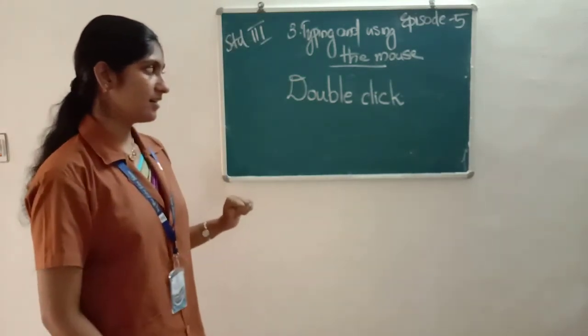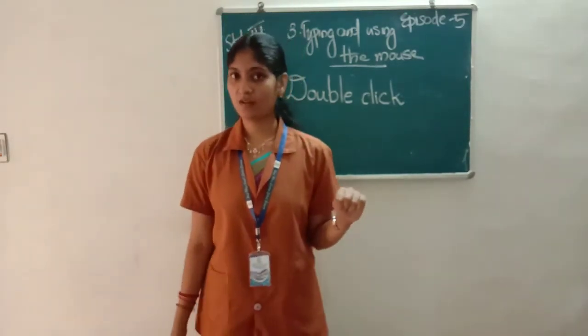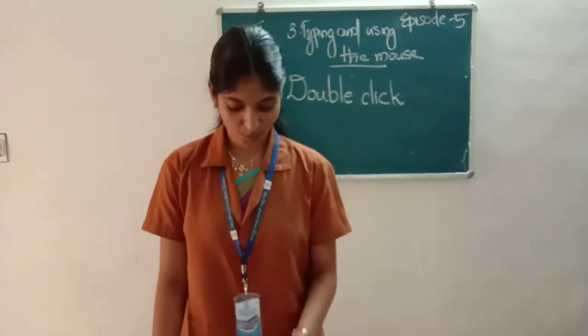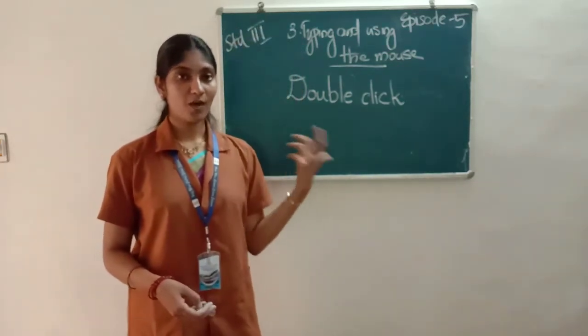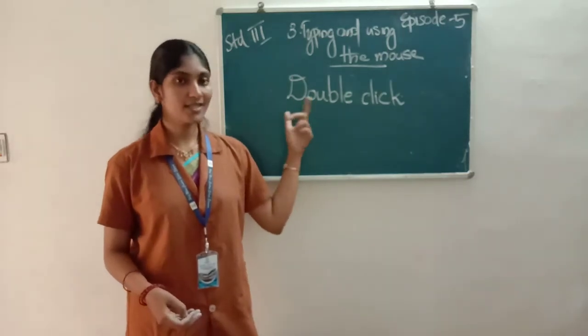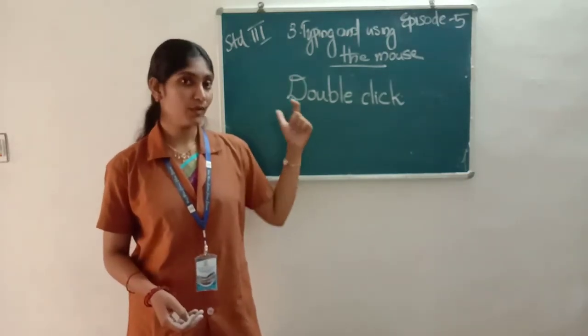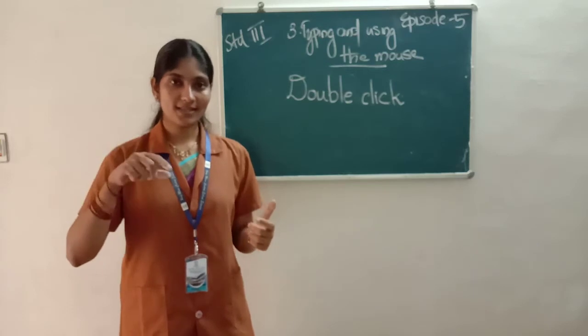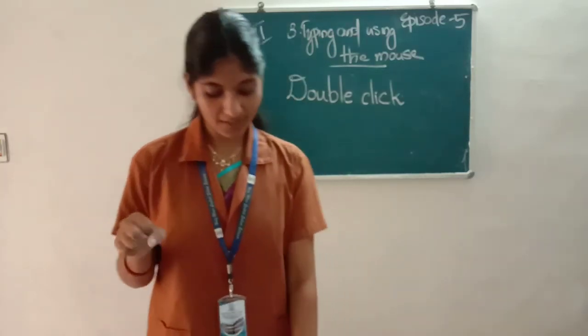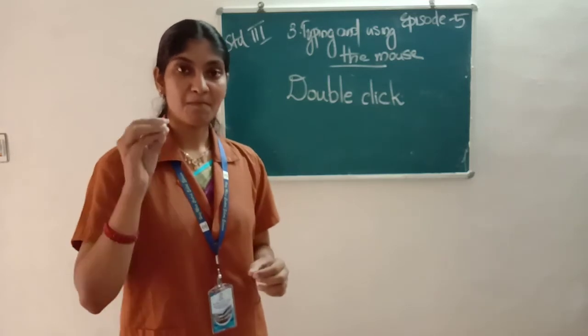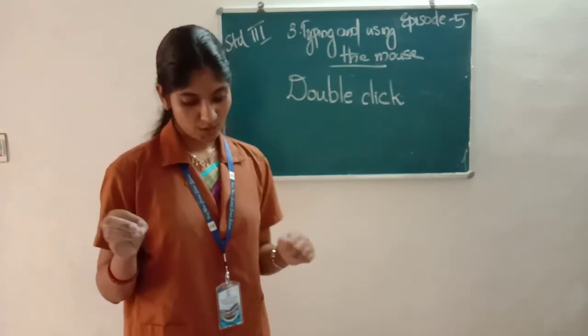Double click is used to open an application. So how to do the double click action? Press the left button twice, or press the left mouse button twice quickly.